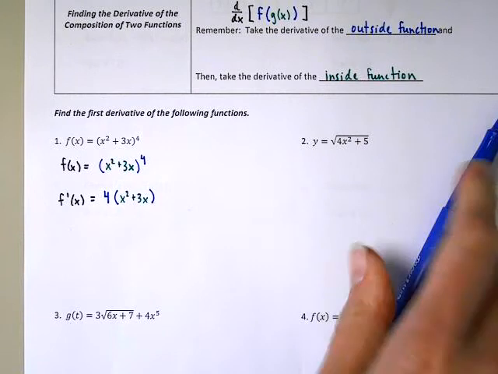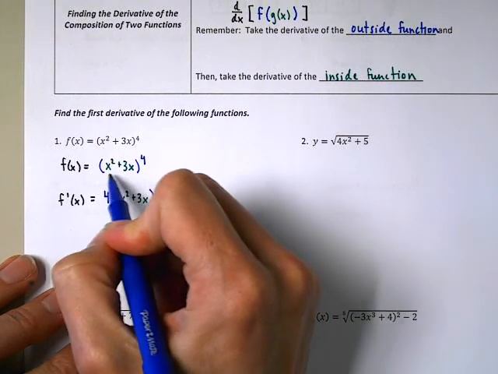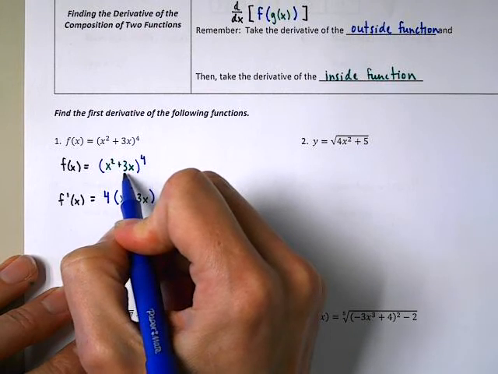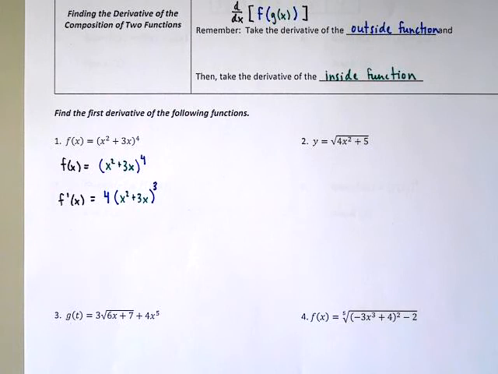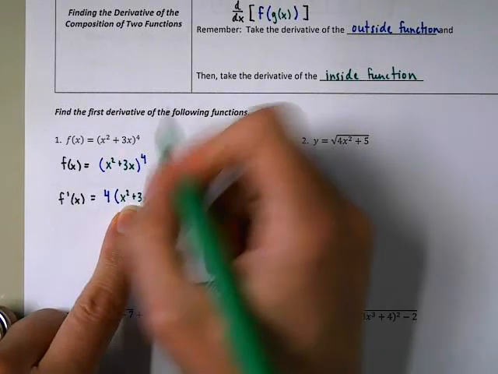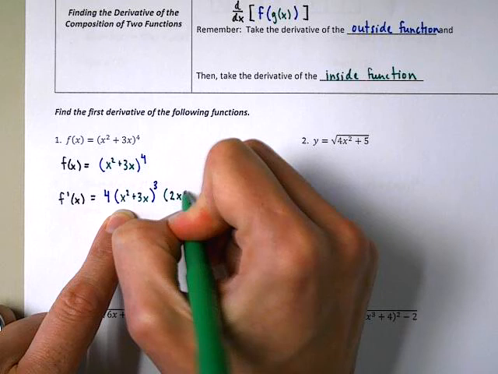And now just like when I'm doing the power rule, I brought the exponent down, my inside stays the same, and now I have to subtract the exponent by 1. So far I just differentiated that outside function. Now I'm going to differentiate the inside function, which for us is going to be 2x plus 3.